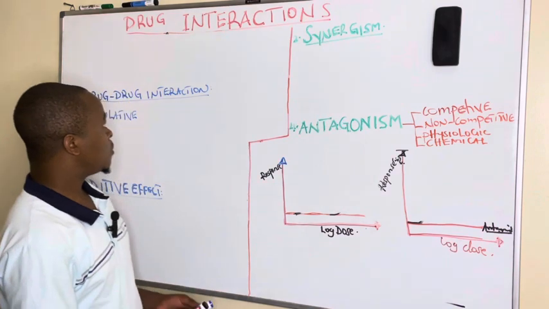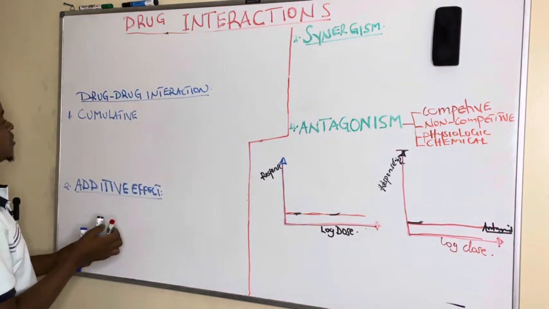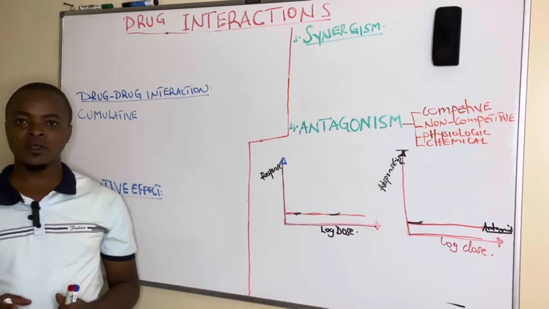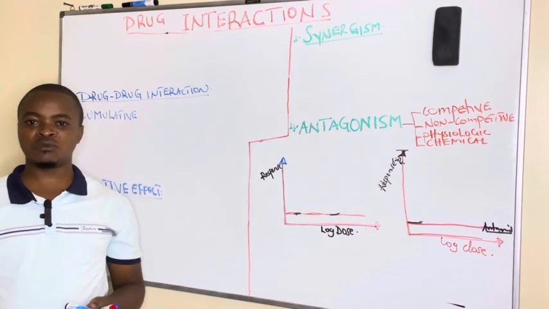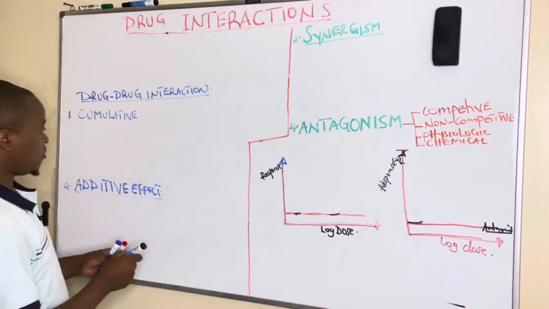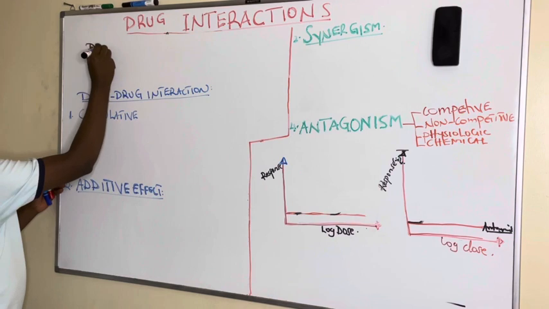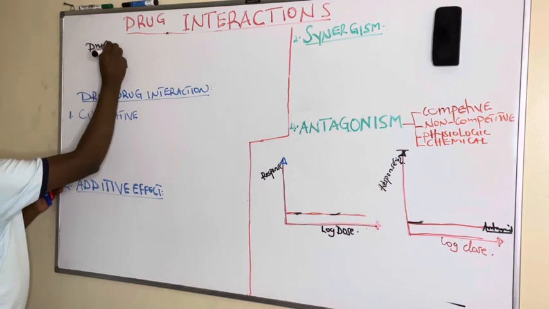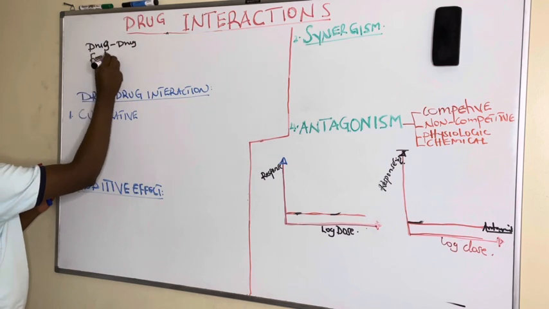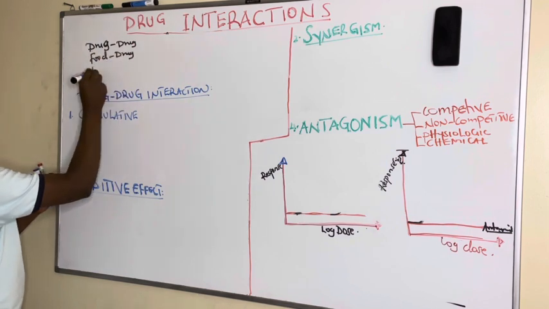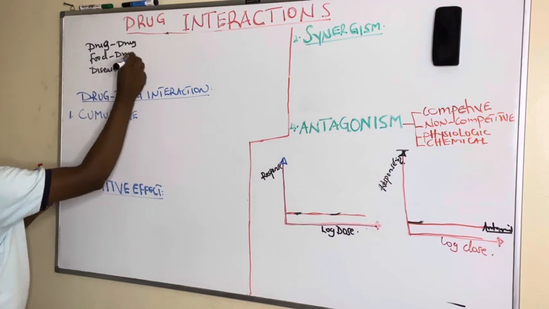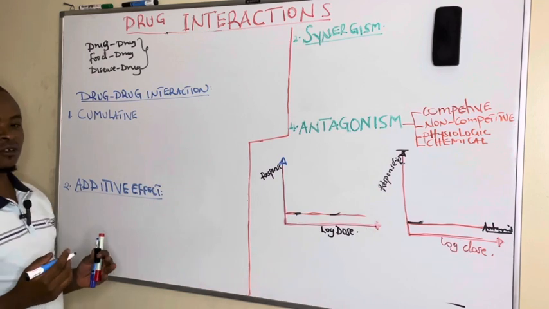We are saying when these drug combinations occur, we're going to see how they interact together, when a drug interacts with a drug, or when food interacts with a drug, or when disease interacts with a drug, what do they result into?